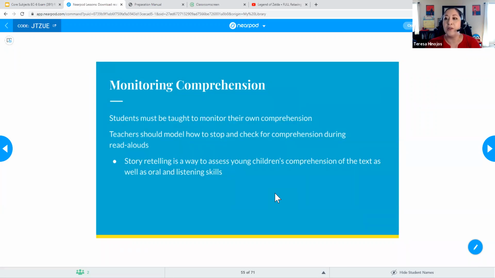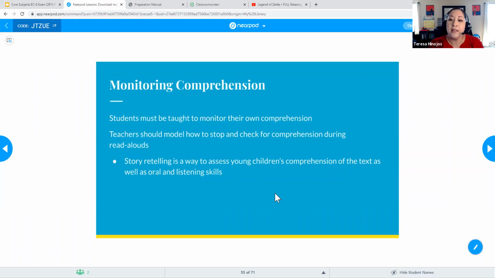This is something that you can systematically teach. As you are reading to the class, you would stop and check: let me see if I understood this correctly, so I think this is what's happening. By doing that, it helps students teach themselves that when they're reading, they need to stop and assess if they're actually getting it.